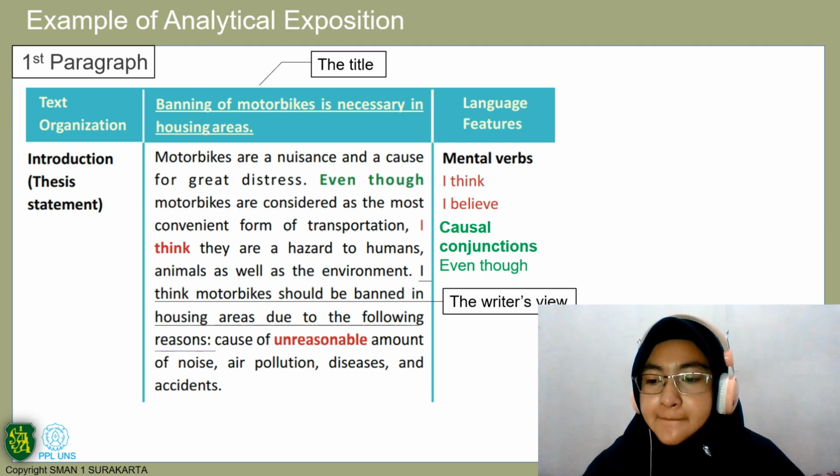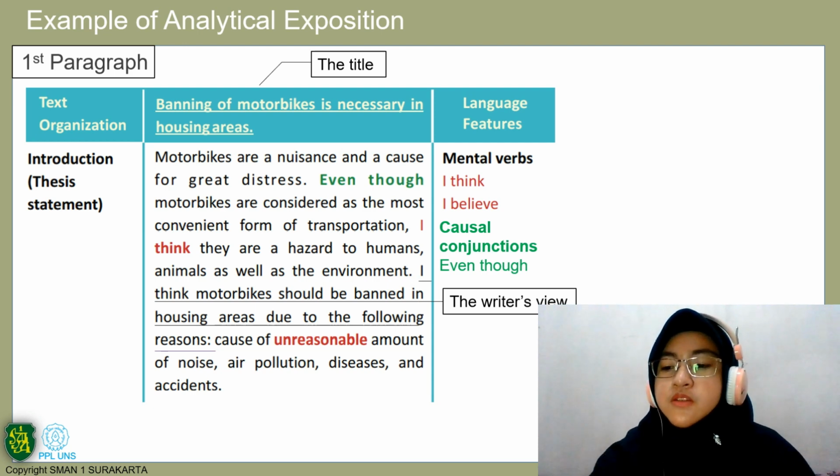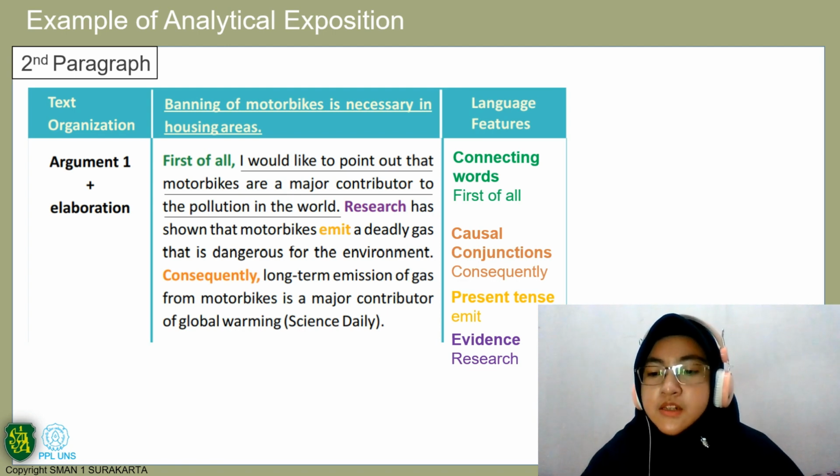Okay. If you look at the language feature, we find mental verbs. Think and believe are mental verbs, and then even though is a causal conjunction.